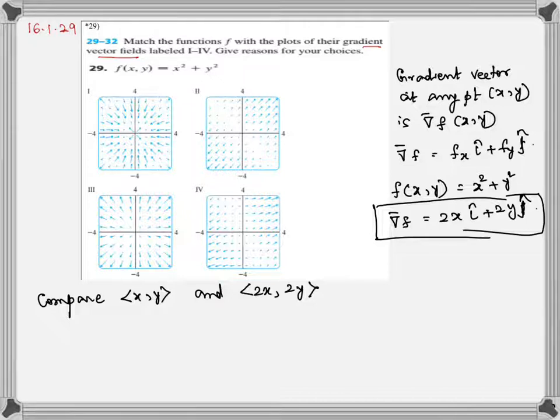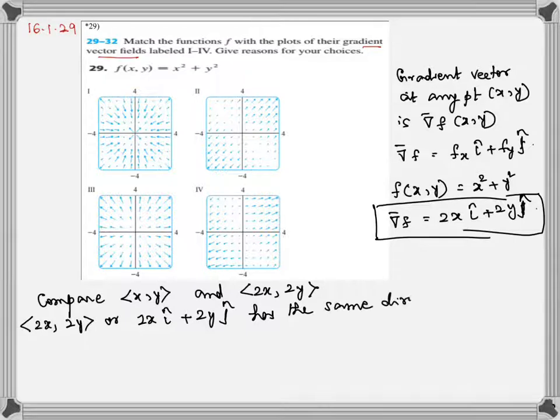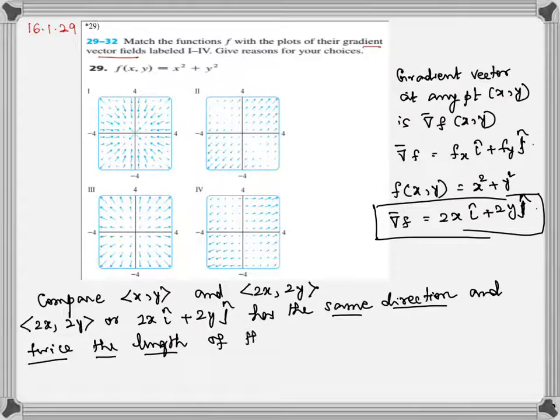So the vector 2x i plus 2y j, in this case the gradient vector, has the same direction and twice the length of the position vector of the point x, y.